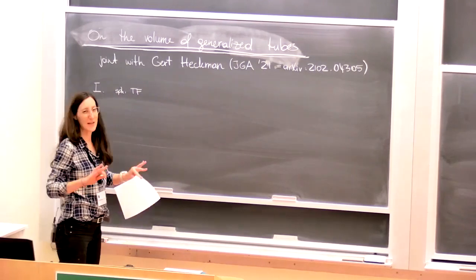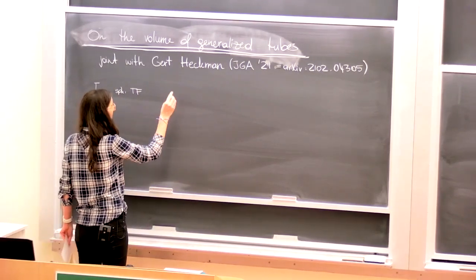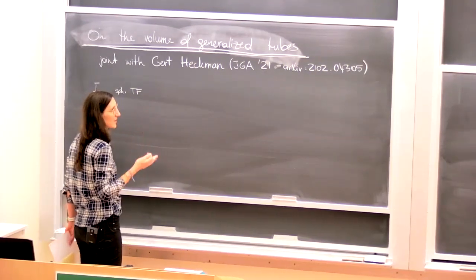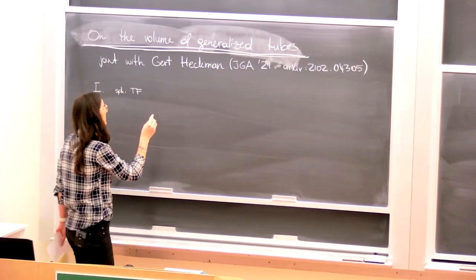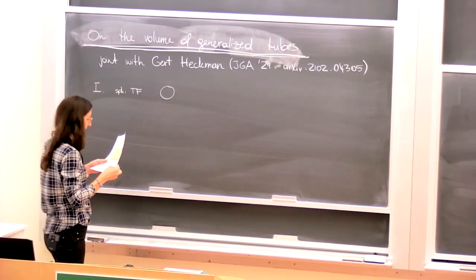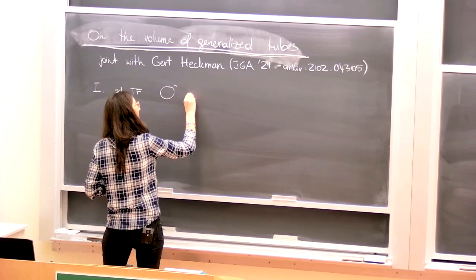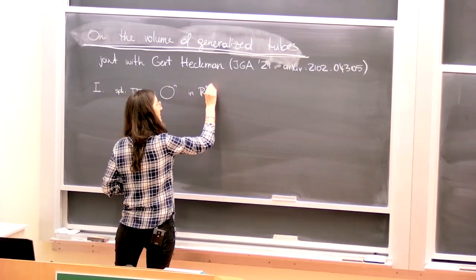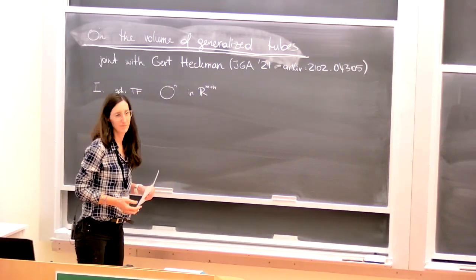So it's very basic and very classical. We're going to consider cross sections in the normal space of this surface, and in the spherical tube formula we're going to consider balls. The ball could be in n dimensions, and then the submanifold is embedded in R^(m+n). m is the dimension of the manifold, and n is the codimension.